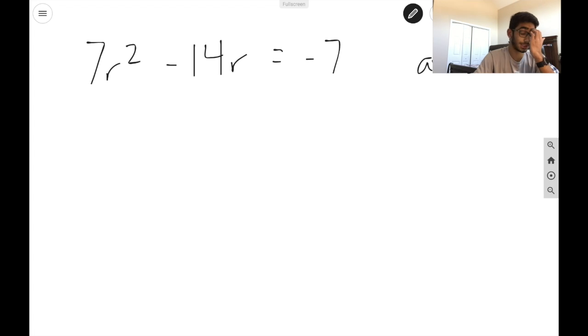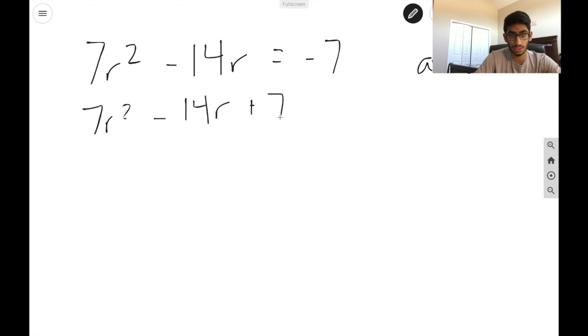So you have to make this equation into standard form. To do that, we add 7 to both sides. So it becomes 7r squared minus 14r plus 7 equals 0. We're just adding this negative 7 to this side.